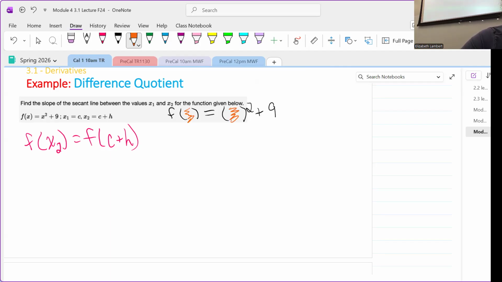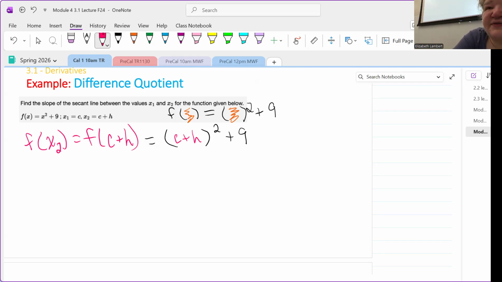And then my function says, whatever input you give me, for this particular function, I'm going to square that input and then add 9. So over here, when we have f of c plus h, the function structure says thing squared plus 9. In this case, our thing is c plus h.